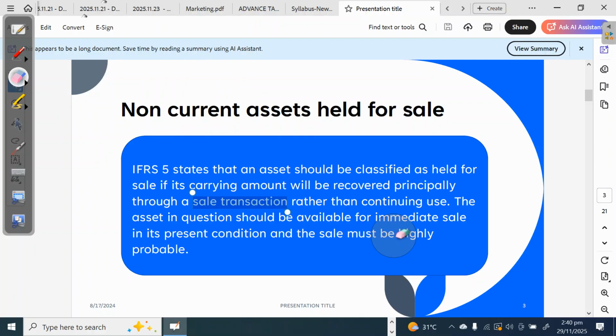And the sale must be highly probable. Highly probable means that management have made a decision to sell the assets, that there's a high chance that the assets will be sold rather than not sold.